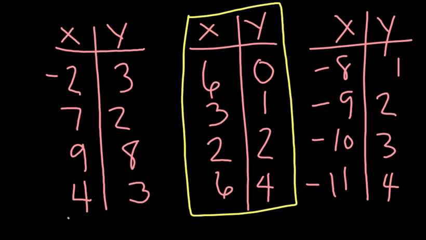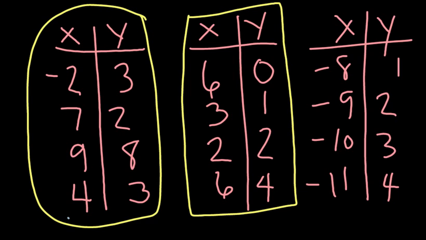Now, it's bothering some of you probably that in this one there's 2 3's in the y's. Okay, that's okay. If I put in -2 and get 3, and I put in 4 and get 3, that's okay. Because it doesn't say I can't get the same answer in the y column.